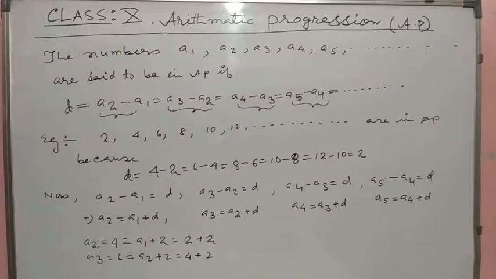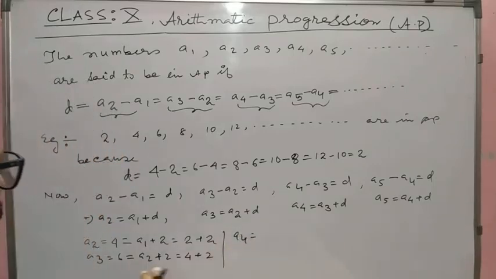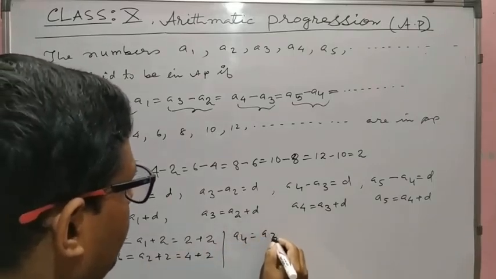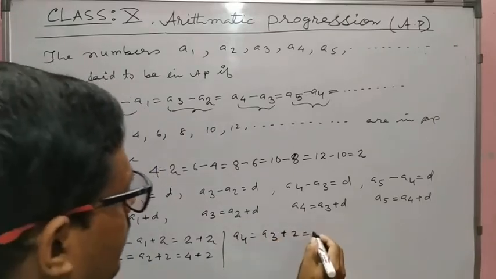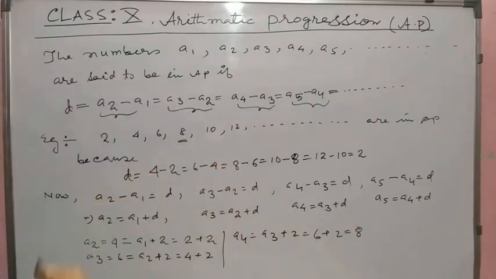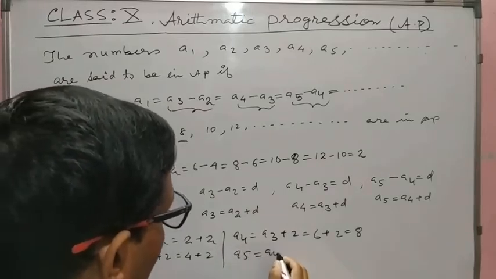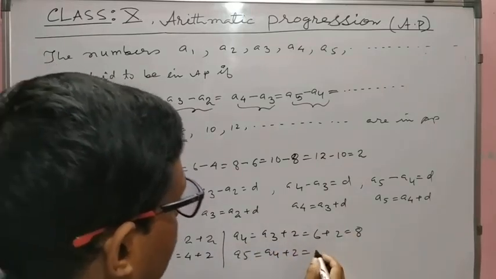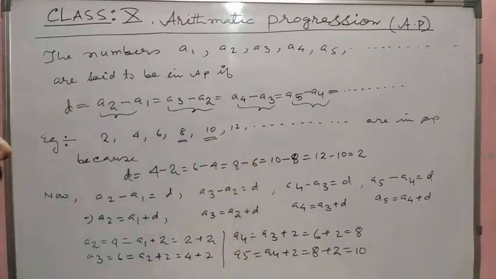Got the point? So fourth term equals third term plus common difference: third term is 6, 6 plus 2 equals 8. This is the fourth term. Fifth term equals fourth term plus common difference: fourth term is 8, 8 plus 2 equals 10. That is the fifth term.